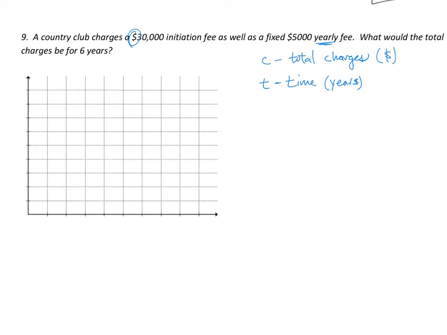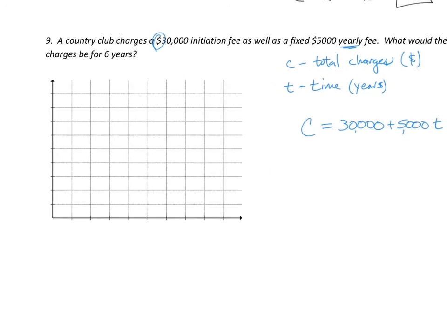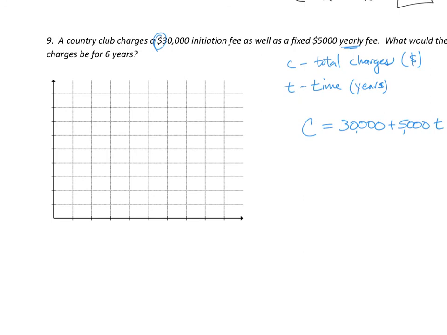So let's see here. How do we want to do this? We can set up an equation if we want. 30,000 total dollars to start with plus 5,000 per year. All right, now I have to move this over again a little bit so I can label all of the axes.